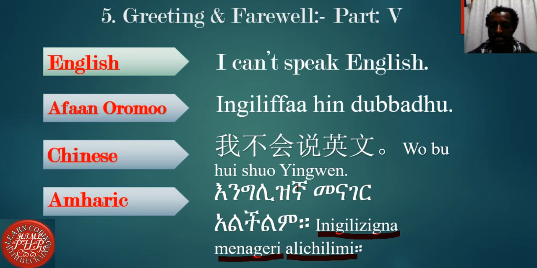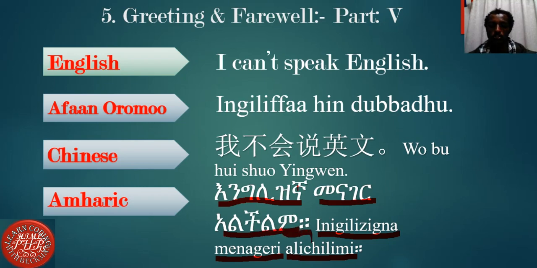This is the Amharic way of writing it, with the Latin transliteration down here.